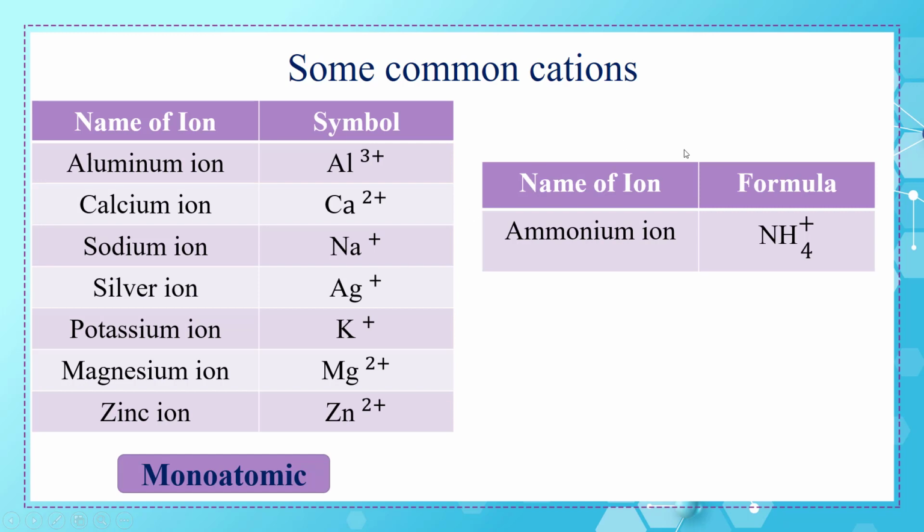And at the opposite side, we have the ammonium ion, which is a cation because it has positive charge. While is it monoatomic? No, it is made up of 1 N atom and 4 hydrogen atoms, so it is polyatomic ion.